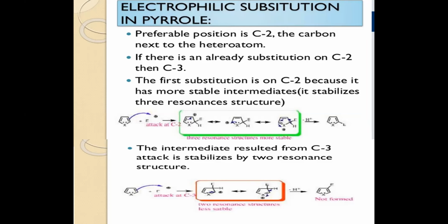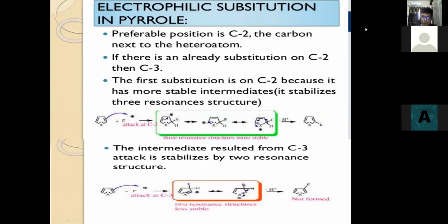When the reaction takes place at the second position, you get 3 more stable resonating structures. That's the reason why electrophilic substitution in pyrrole prefers the second carbon rather than the third. Whenever the second position is blocked, then only it goes to the third position.